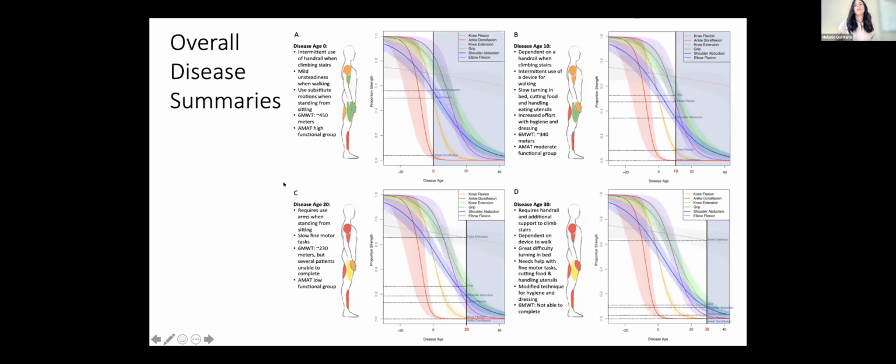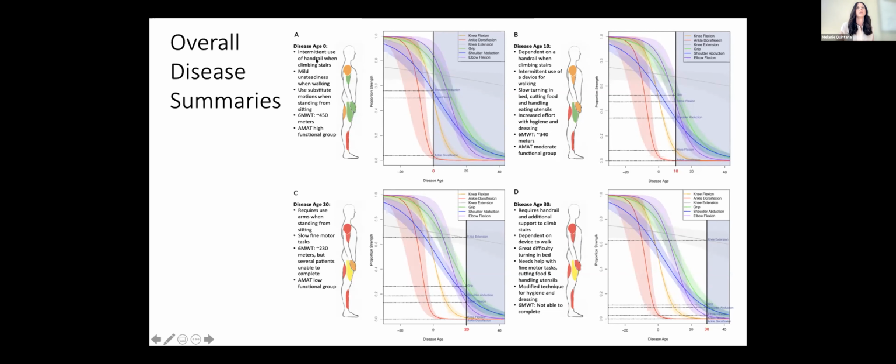And this is just putting all of that information together, the QMA and then all of the summaries. Using disease age as an anchor, we're able to understand the whole picture of the disease and what we expect. So here at disease age 0, when you're actively progressing on the hamstring and the shoulder abduction, ankle is almost completely progressed.